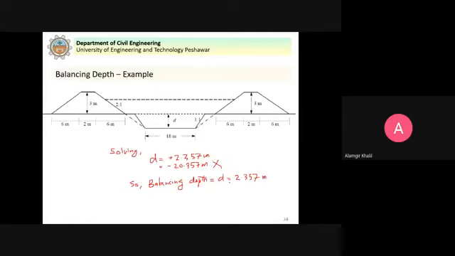So this is the depth which will equate the area of cut with fill. So this is how we calculate the balancing depth.